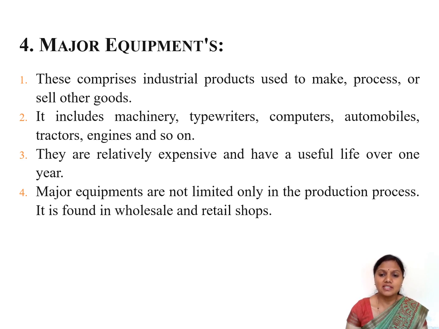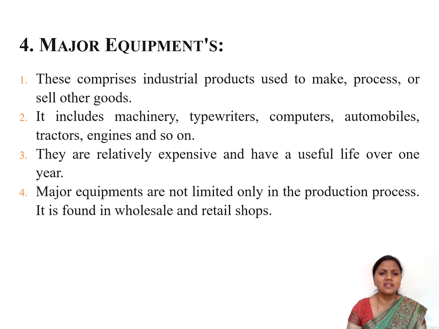If you see the industrial plants where production is going on, you can see some machineries, then typewriters, computers, automobiles also, some moving inside the industrial area itself, transporting the raw materials from one department or one process to another process and so on. So these are all major equipments.